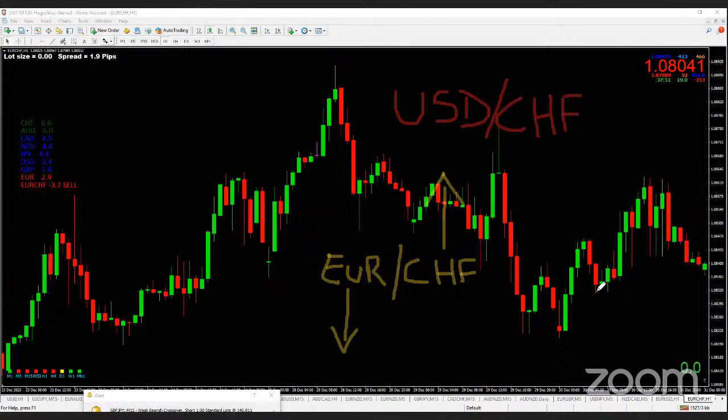Never mind my writing, guys. Okay, so we have USD CHF there. We are combining CHF, which is strong, with USD, which is not so strong. Let's put it that way. Let's just take this off.